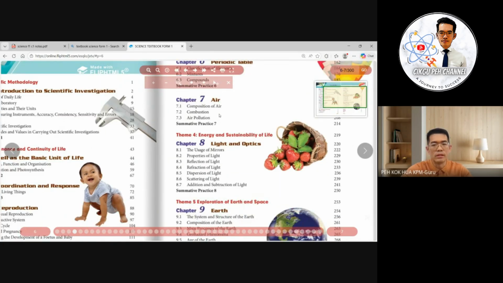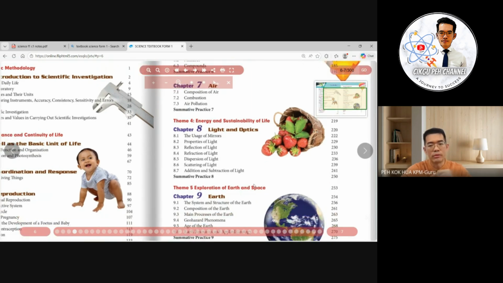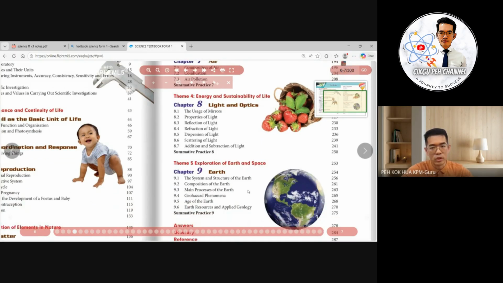Then air: we learn about the composition of air, combustion, and air pollution. Then light and optics. This one is quite a challenging chapter, with a total of 7 subtopics, and it is very important because we have extension knowledge in Form 4, especially if you take the science stream physics. Then chapter 9 will be Earth. So in total we have 9 chapters to go through.